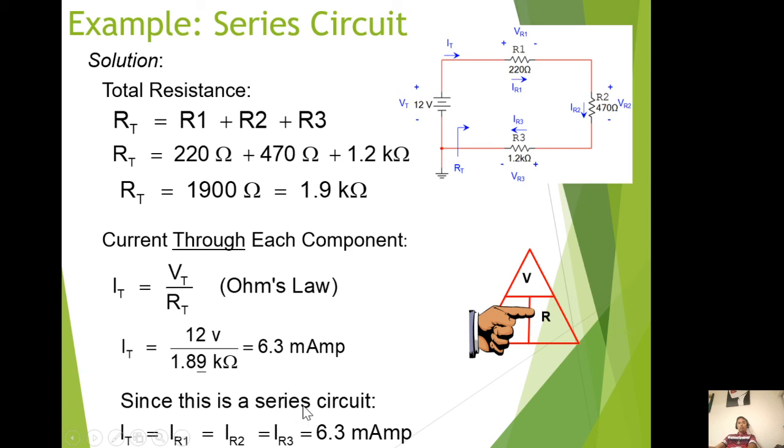Since this is a series circuit, IT is equal to IR1 is equal to IR2 is equal to IR3, which is equal to 6.3 mA. So take note of this: if connected in series, then IT is equal to IR1 is equal to IR2 is equal to IR3.